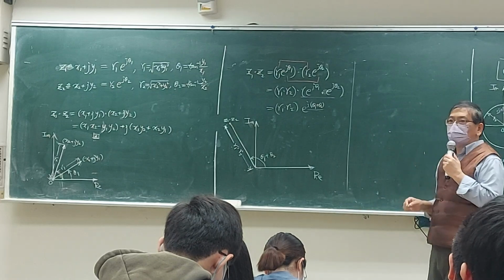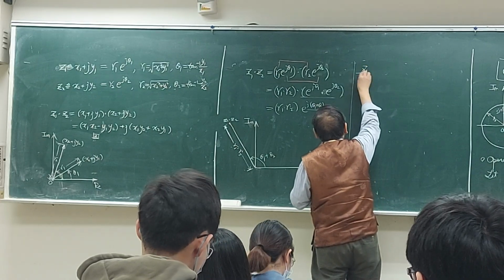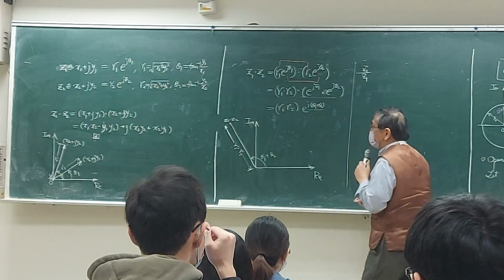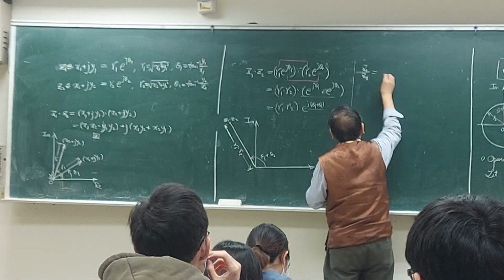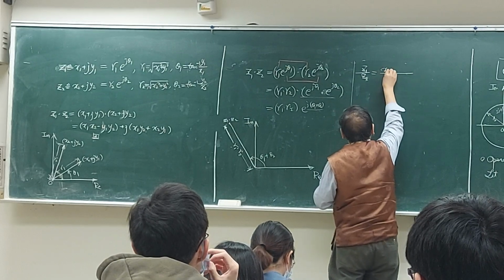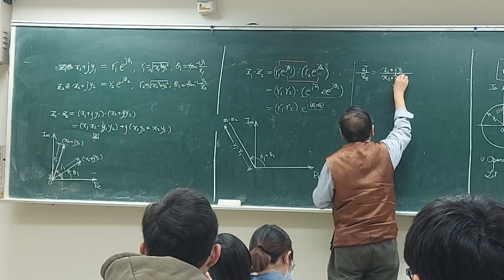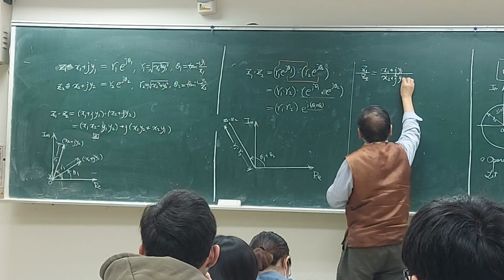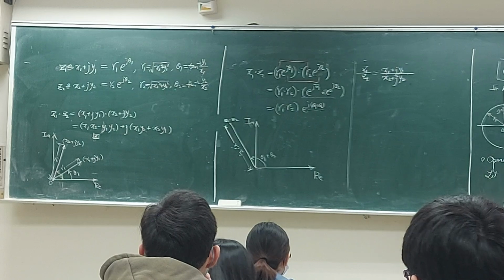Okay, that's a product. Similarly, what about division? Z1 over Z2, sorry. Can anyone tell me how to do this from your high school math?